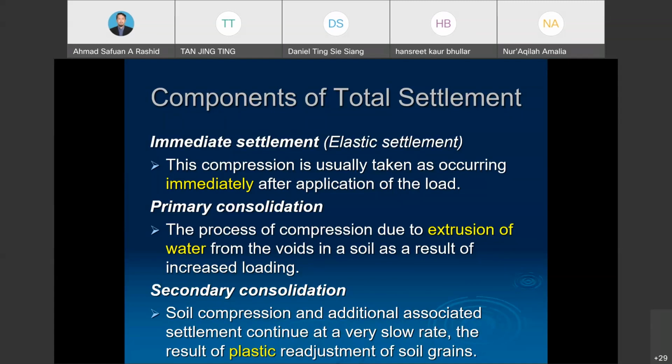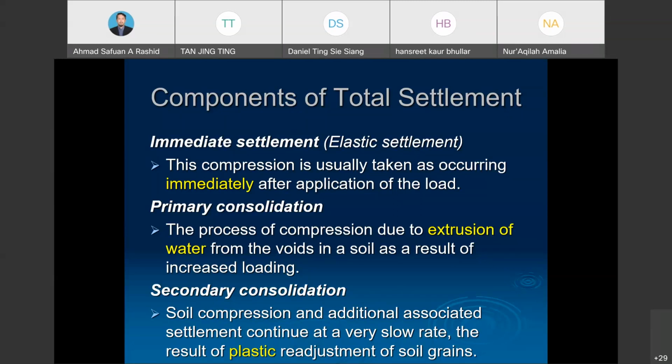So in this secondary consolidation, the soil fabric plays the main important role to cater for the load applied on the soil. However, the magnitude is very small, and the rate of the deformation is very low.